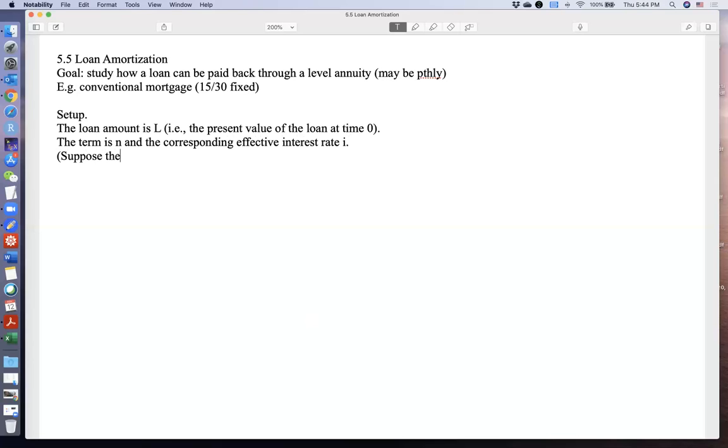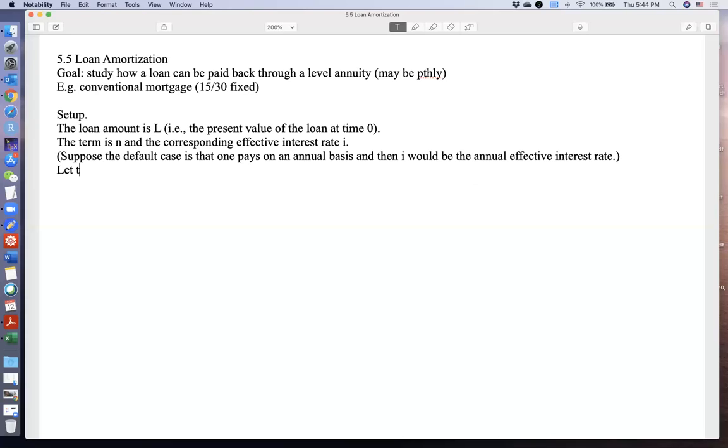Suppose the default case is that one pays on an annual basis, and then I would be the annual effective interest rate. Of course, we can also study monthly if you want.